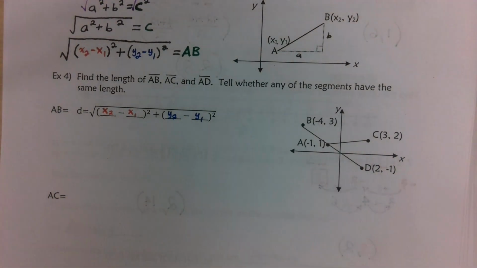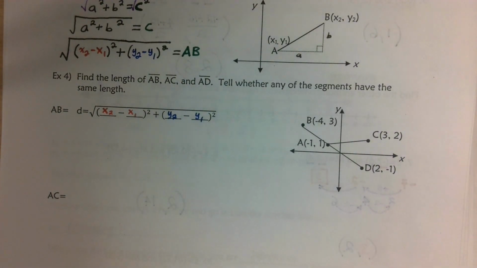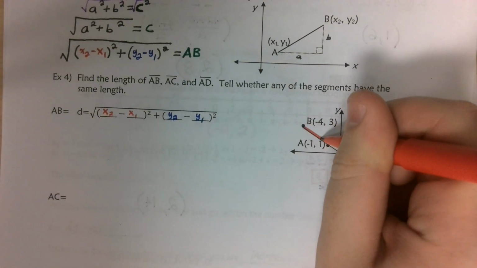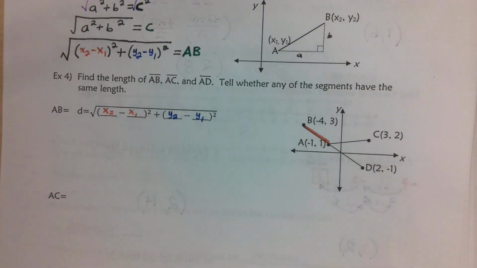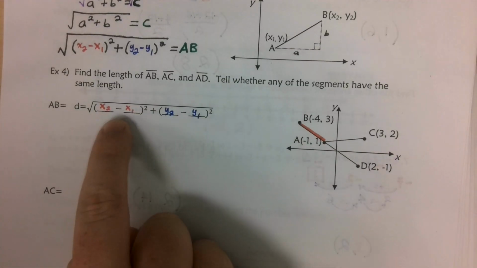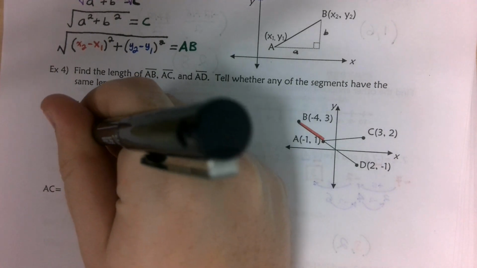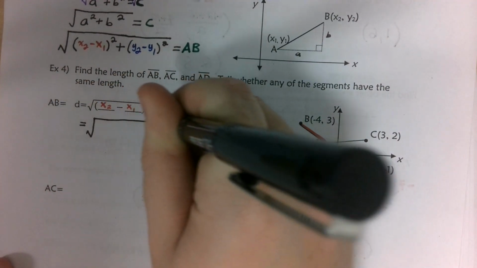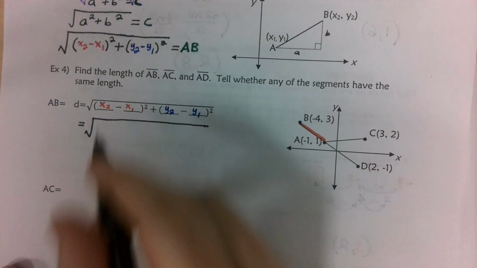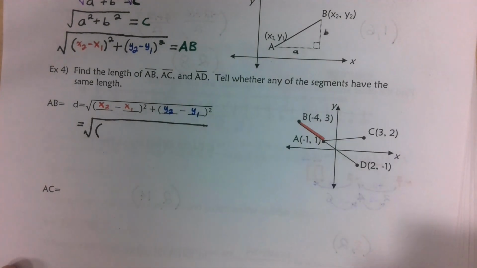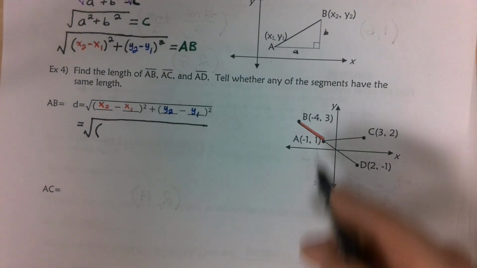Over here, I'm trying to find the length of line segment AB. This one right here. So, let's start by taking our x values and plugging them into this equation. The distance is equal to the square root of the x values subtracted from each other.